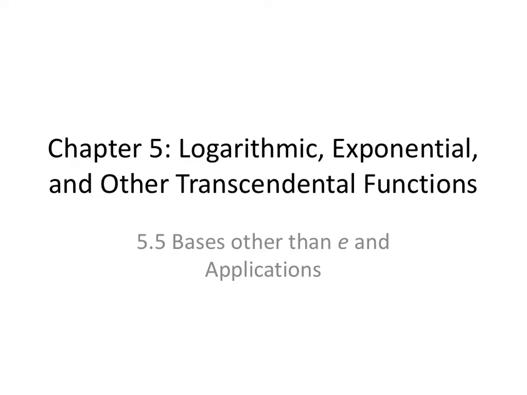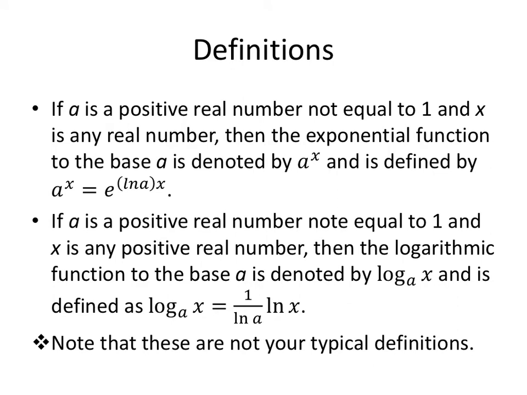This calculus lecture comes to us from Chapter 5 of Larson's Calculus text, 11th edition, Section 5.5, Bases Other than e and Applications. If a is a positive real number not equal to 1, and x is any real number, then the exponential function to the base a is denoted by a to the x and is defined by, now get this, a new definition here: a to the x is e to the natural log of a times x.